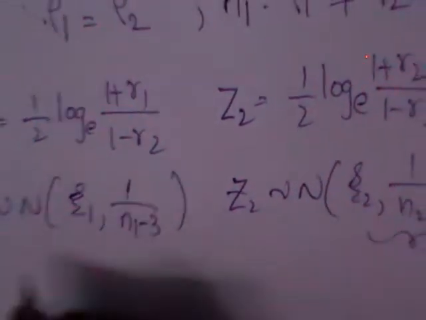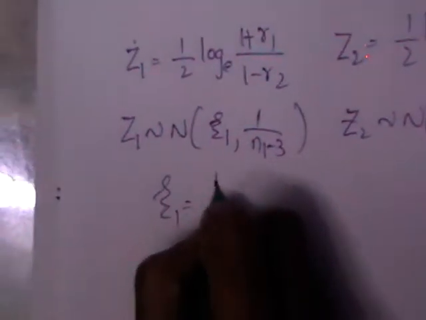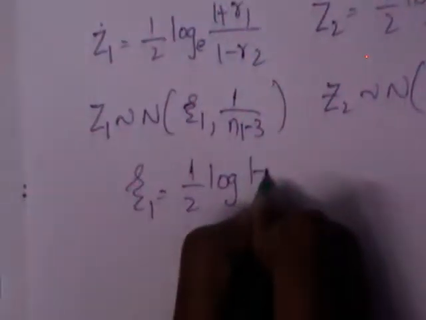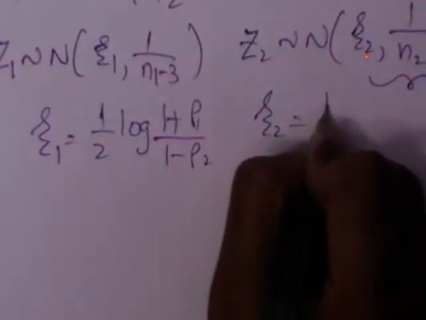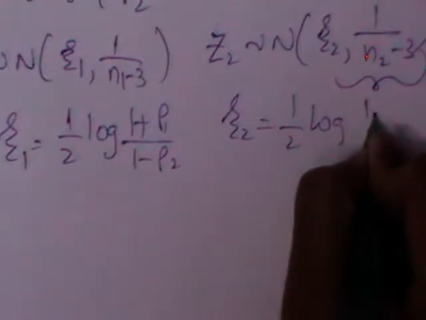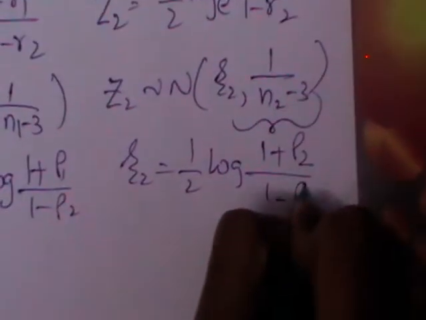Again, these are parameters. What is zeta 1? 1 by 2 log (1 plus rho 1) by (1 minus rho 1). What is zeta 2? 1 by 2 log (1 plus rho 2) by (1 minus rho 2).